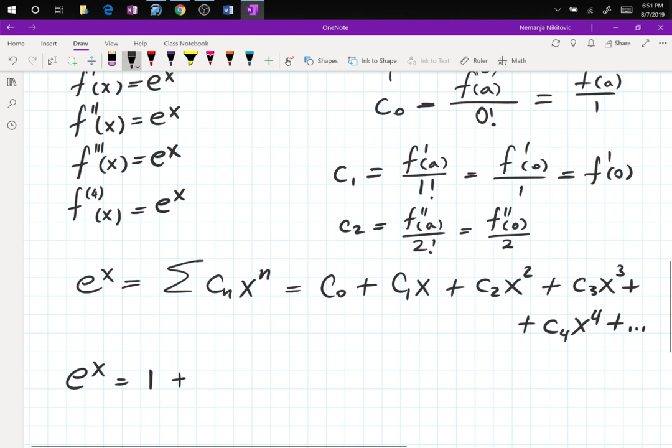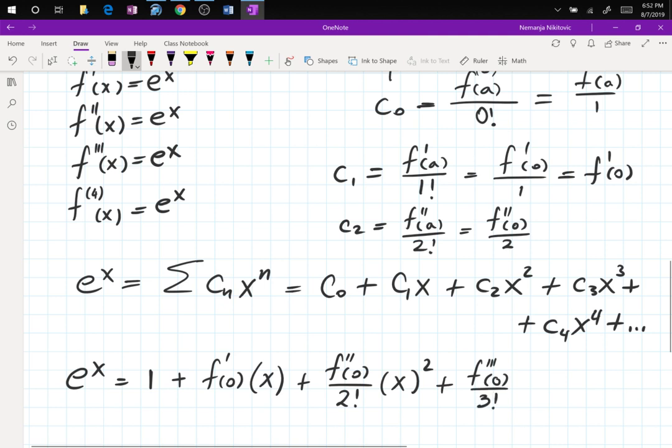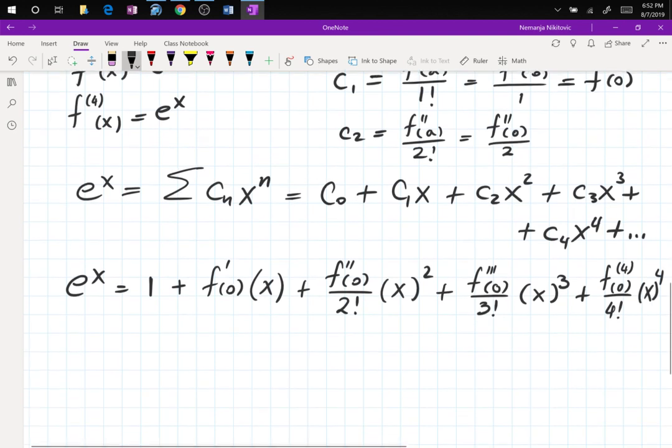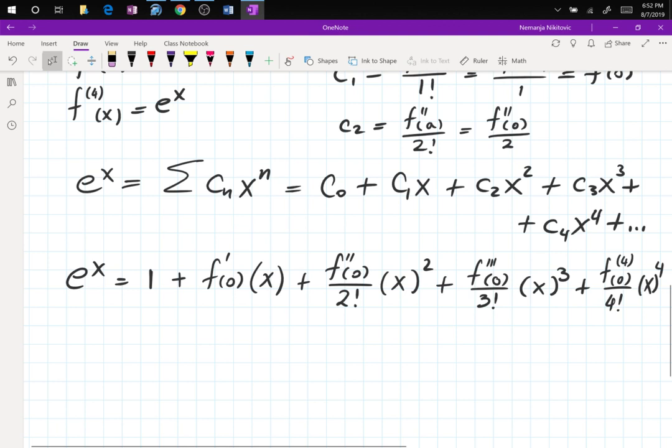Well, C1 is f prime of 0 times x, plus f double prime at 0 divided by 2 factorial times x squared, plus f triple prime computed at 0 divided by 3 factorial times x cubed, plus the 4th derivative computed at 0 divided by 4 factorial times x to the 4th. Yeah, I know, squished, but we got it.